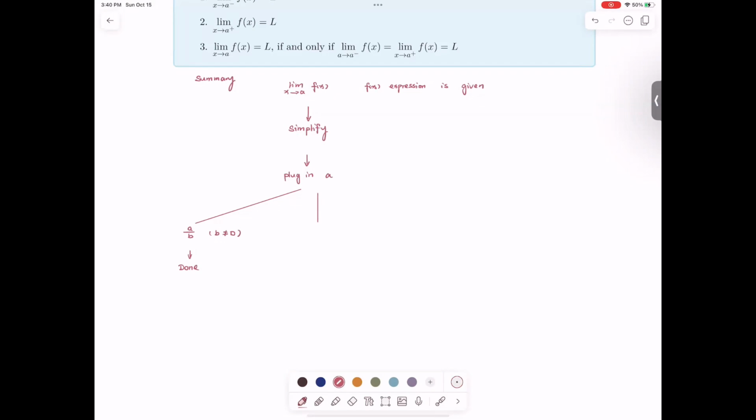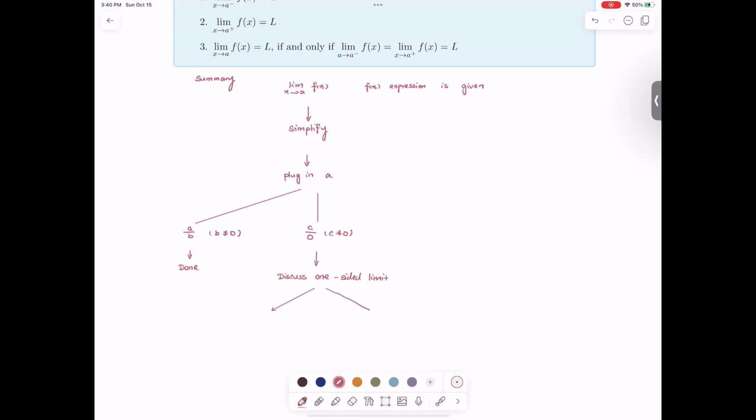If you plug in your A and you get something like C over 0, where C is not 0, so it's not 0 over 0, just something over 0, then you need to check one-sided limits.